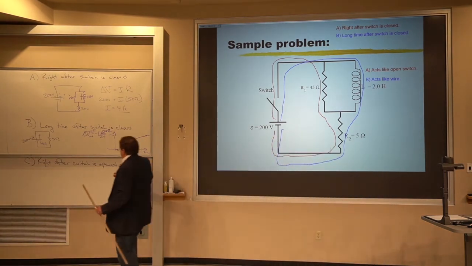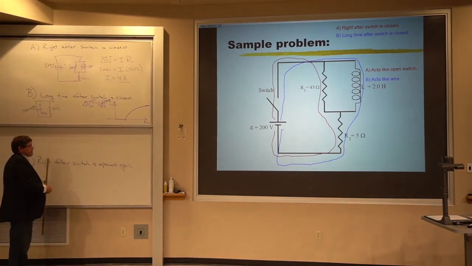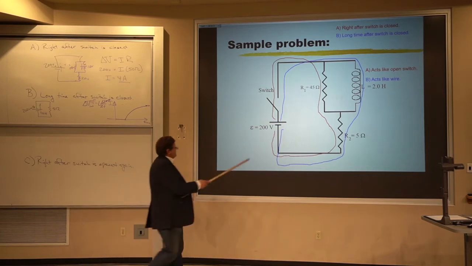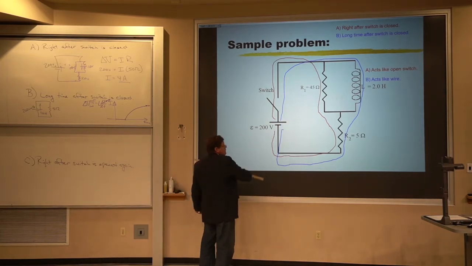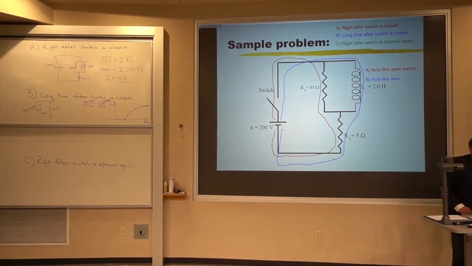Now let's look at part C. After the switch has been closed a long time, we throw it open. And now that inductor acts like a battery. Well, how big a battery?